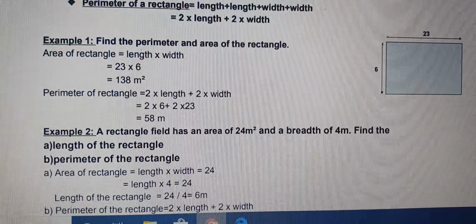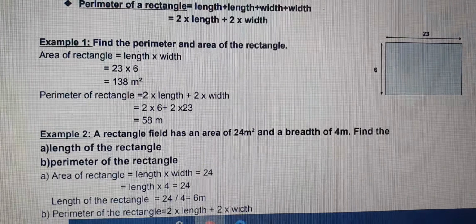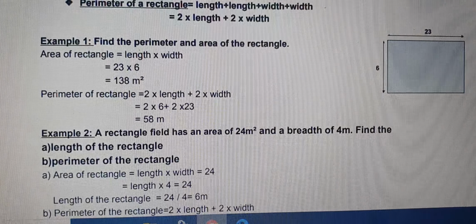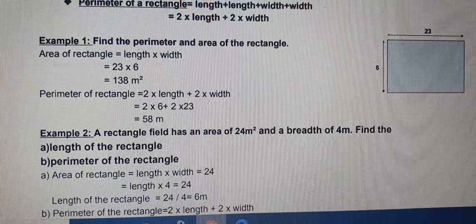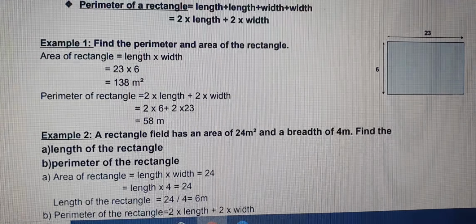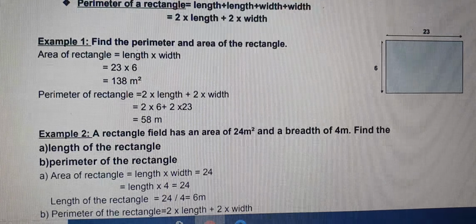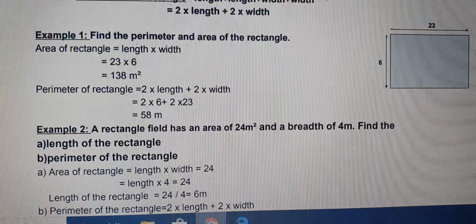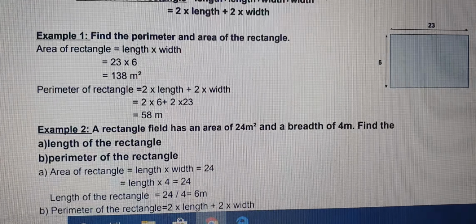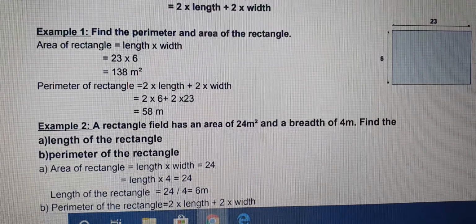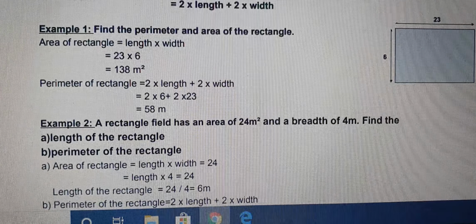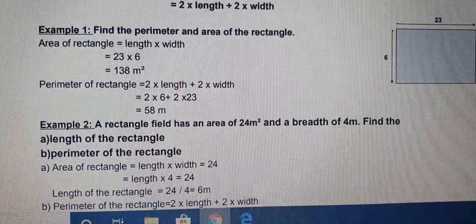So now I'm going to explain our first example. Find the perimeter and the area of the rectangle. They have given you 6 meters and 23 meters. Area of rectangle equals length into width. Our area is the multiplication of any two sides that are adjacent to each other, the length and the width, that is 23 and 6.